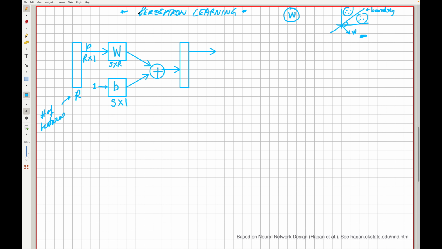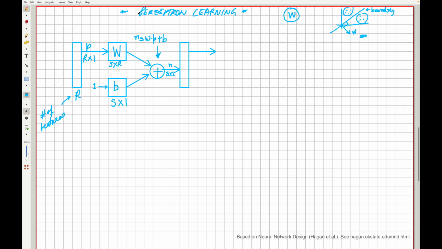We do the multiplication. What this does is we simply take the W's, dot that with P's, add them up, and this gives us the value for n. That's what this is doing. So we can say that this is the net input n, which has the shape S by 1.